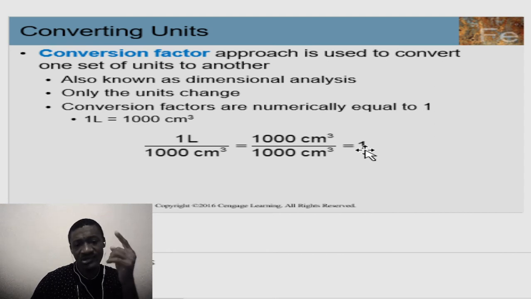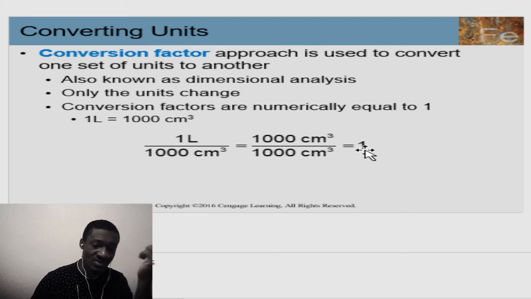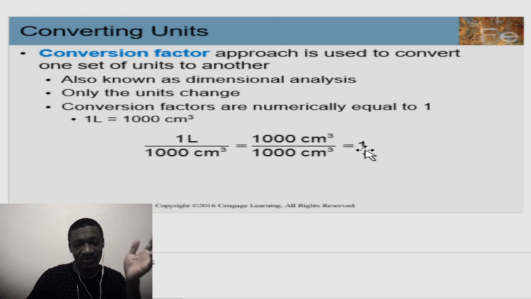So you have 1 liter, which is equal to 1,000 centimeter cube. Remember the previous time when we were looking at 1 liter, milliliter, and centimeter cube, and how the variations are very much the same thing. So 1 liter is equal to 1,000 centimeter cube, and 0.5 liter is equal to what? 500 centimeter cube.